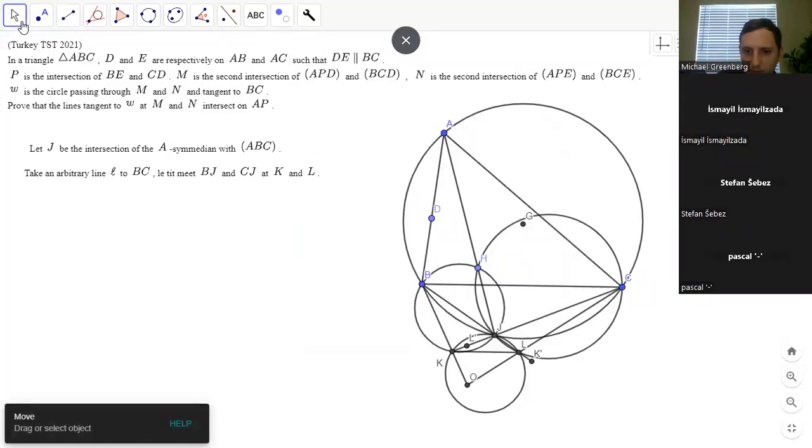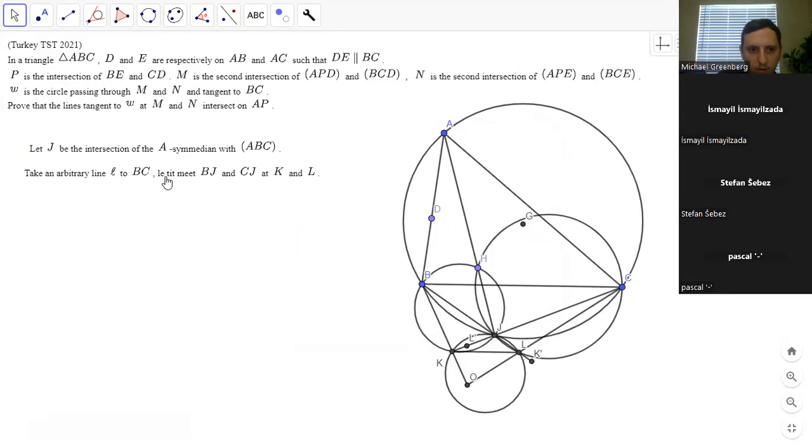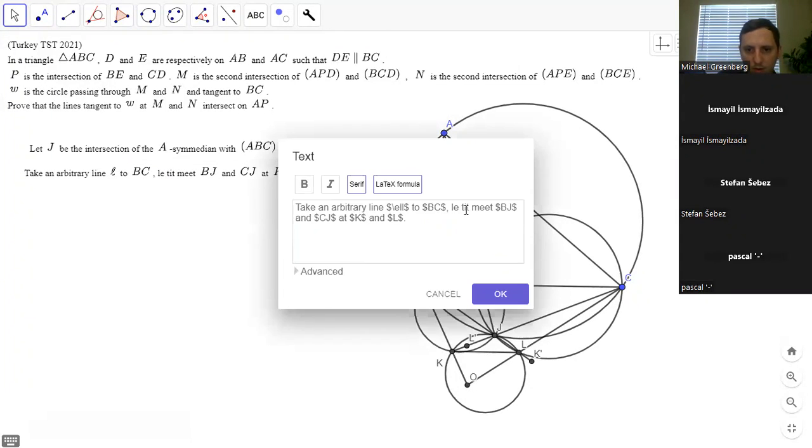And then let K prime and L prime be the reflection of K and L over the angle bisector of KJL.